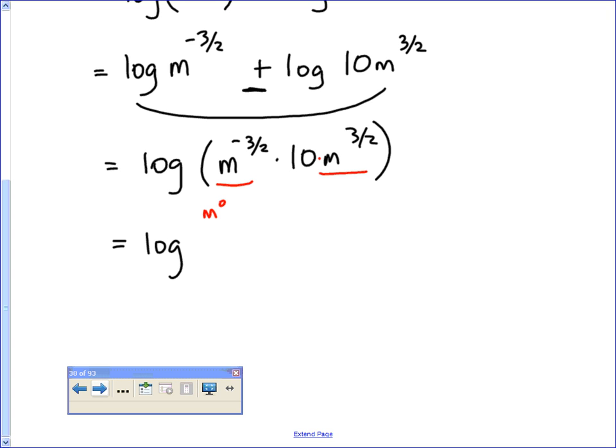Okay, m to the 0. M to anything to the 0 power is just 1. So those basically cancel each other out, and I'm left with the log of 10 here. And we know that the log of 10 is just 1. And so all of that simplifies down to 1. And that's all I have for section 5.5.